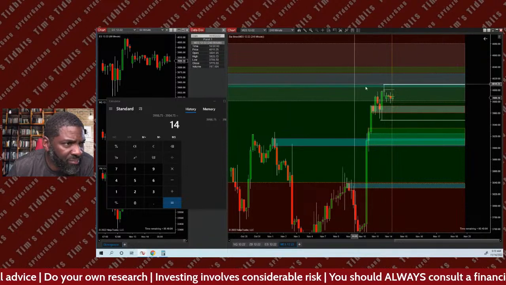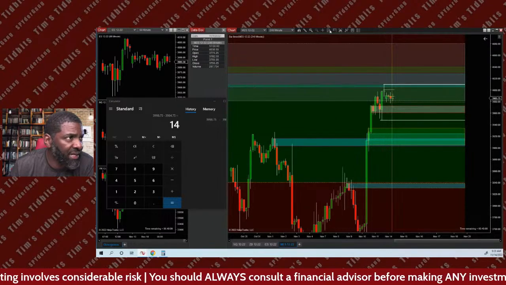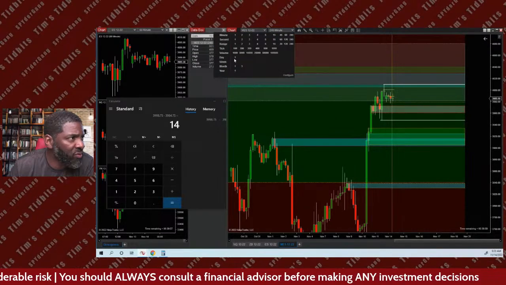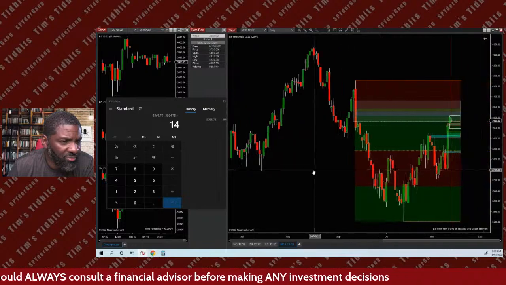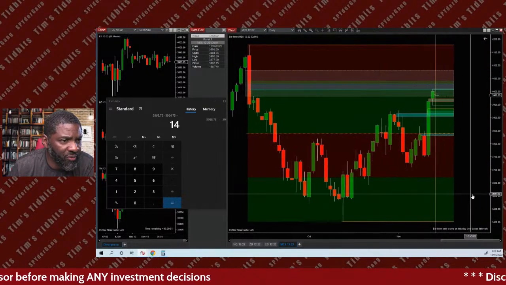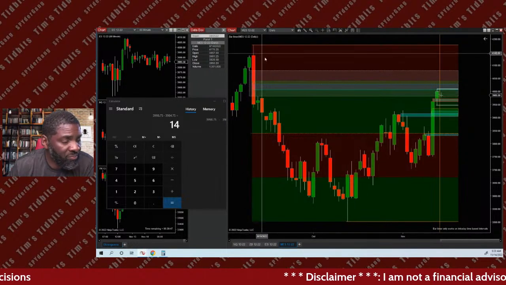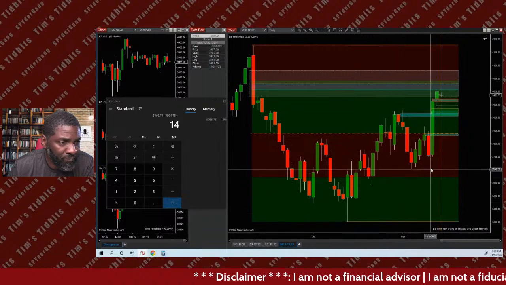We came up to the equilibrium of the premium. This dot, let me zoom it out so y'all can see. Nobody will be lost, for those that aren't privy to everything that we talk about. Let me zoom it out so you can see the full picture. There you go. This is our entire box from peak to trough, right?